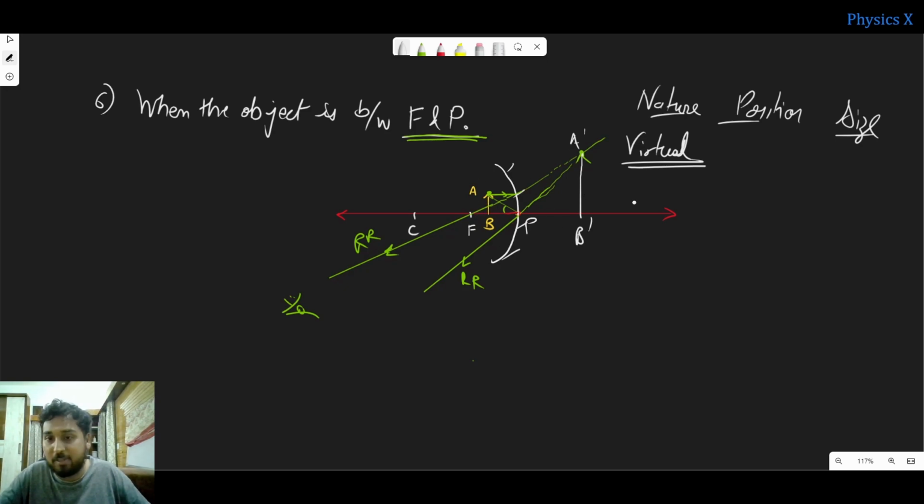This is AB, this is A dash B. That means it is erect also. The image is virtual and erect. Virtual and erect go hand in hand, and real and inverted also go hand in hand. That means a real image is always inverted and a virtual image is always erect. You can see that in our ray diagrams. The virtual image is getting formed, and its position is now behind the mirror.